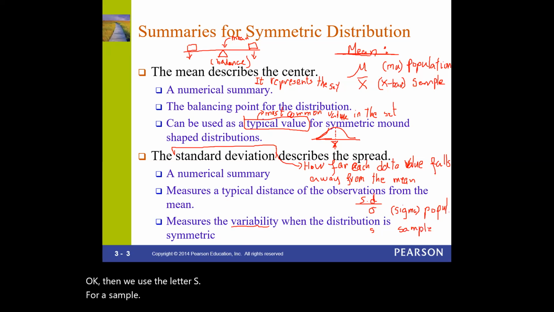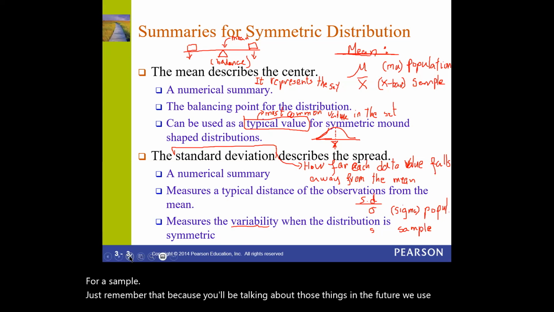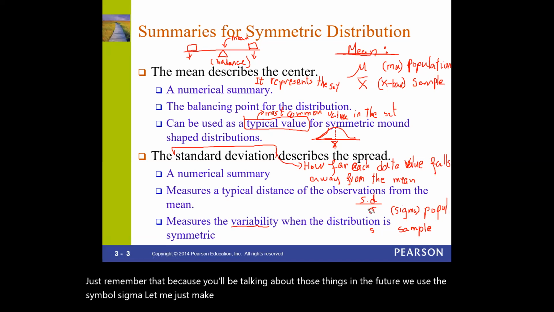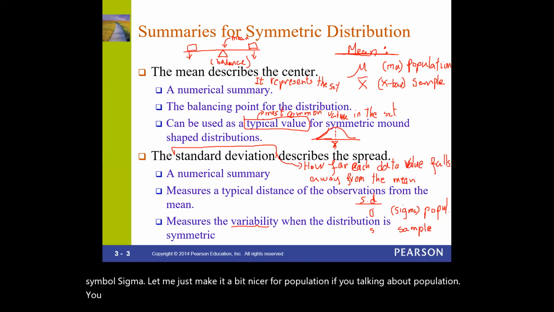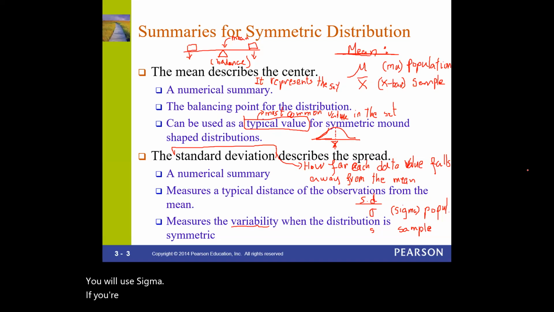Just remember that because we'll be talking about those things in the future. If you're talking about a population, you will use sigma. If you're talking about a sample, we use S. I mean, it's lowercase s, okay?